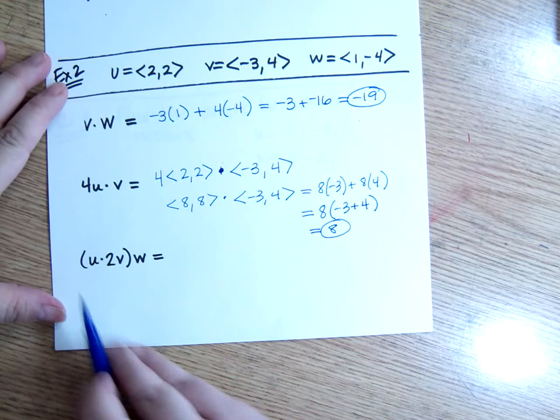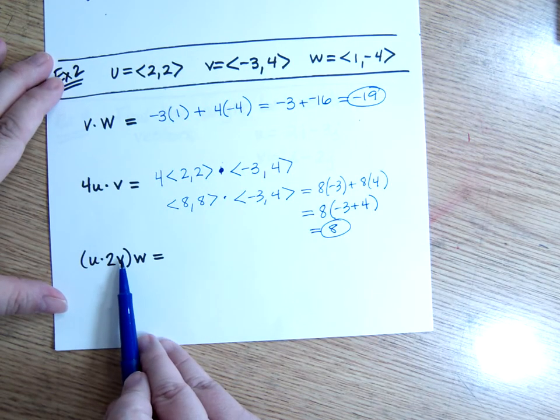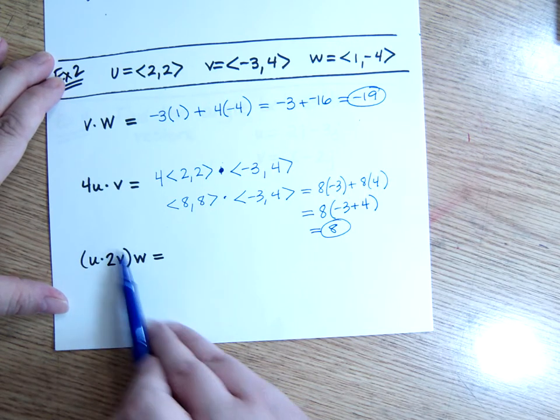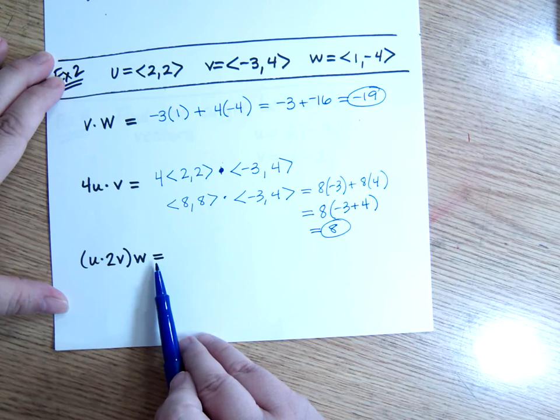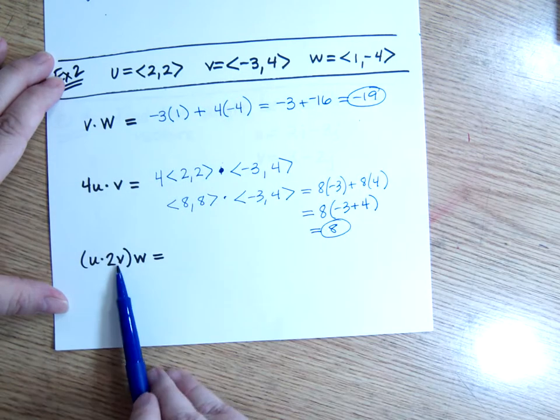Finally, we have the dot product of u and 2v, or twice v, and then something with w. Actually, let me restate that and show you what's going to happen. I'm doing a dot product of two vectors, and the second vector is 2 times v.